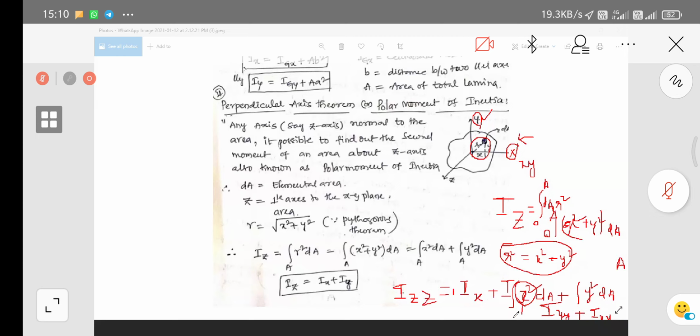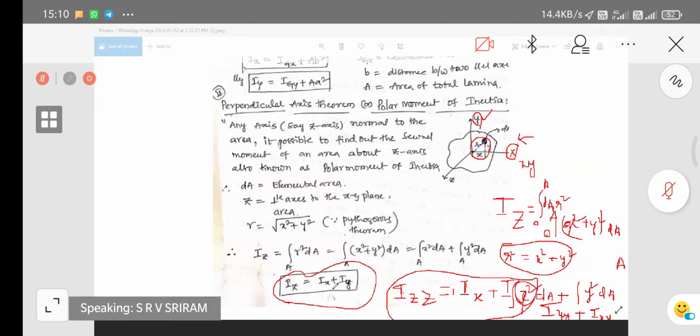So Izz is equal to Ixx plus Iyy. Through the perpendicular axis theorem we have found this form.